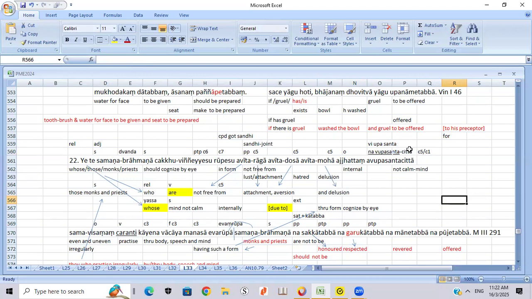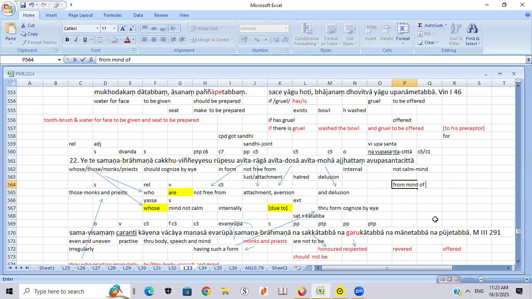You can still say this is a compound too, because you can also translate this. You see, if we take this as ablative, from my, let's say, tapurisa of here, that means here you see uncalm.